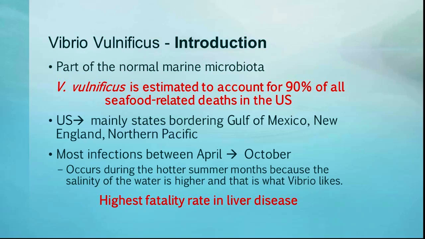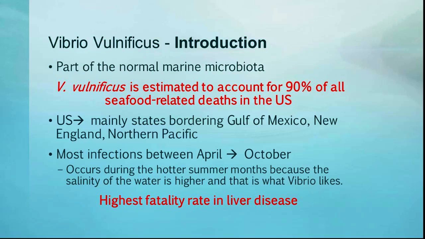I saw my first case of vulnificus on the first day of fellowship, and I thought that was pretty interesting. That was a really great exposure. It's usually part of the normal marine microbiota, and vulnificus accounts for about 90% of seafood-related deaths in the United States.